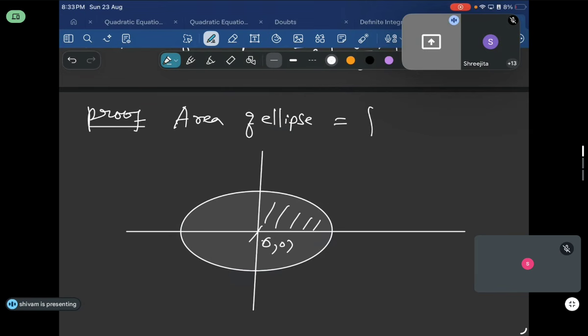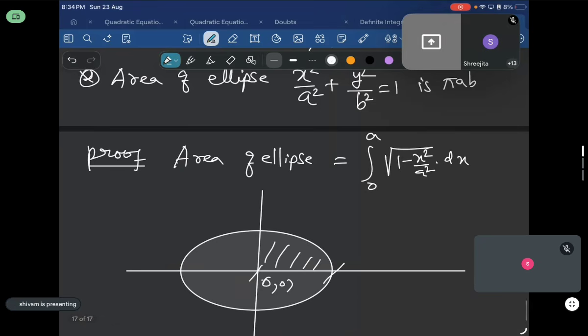So the integral is from 0 to a, and y is equal to b root over 1 minus x square by a square, dx. Multiply by 4, and the whole thing will be multiplied by b. If you integrate, you will get the result.